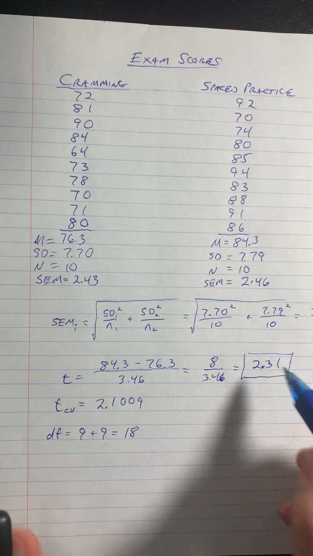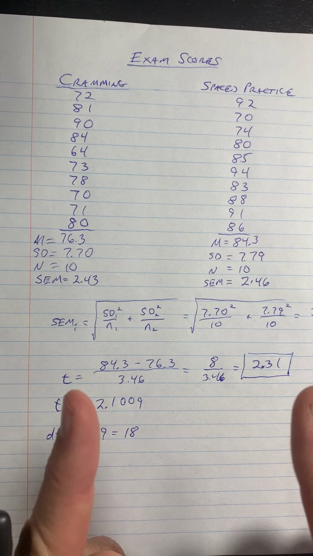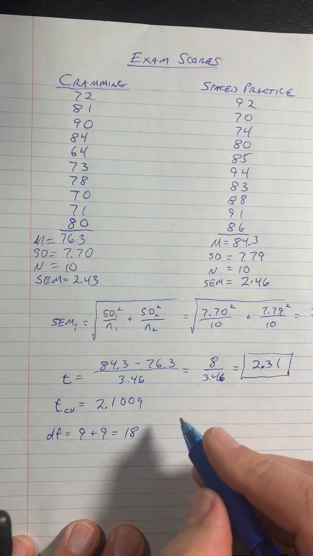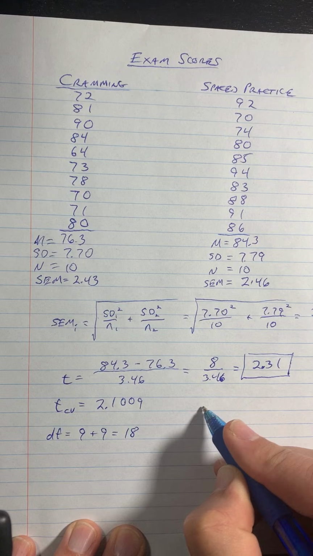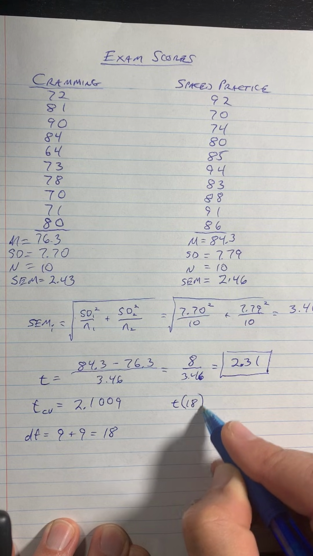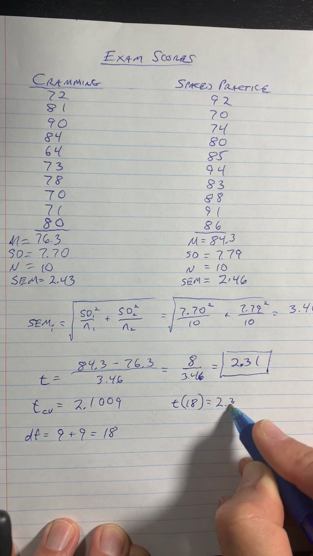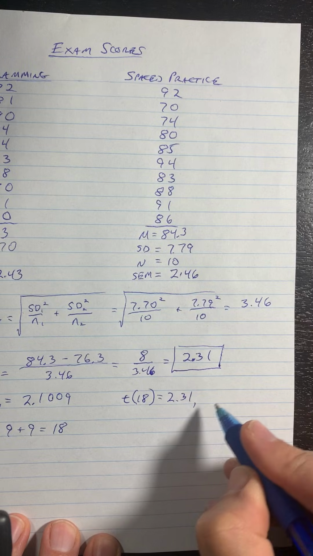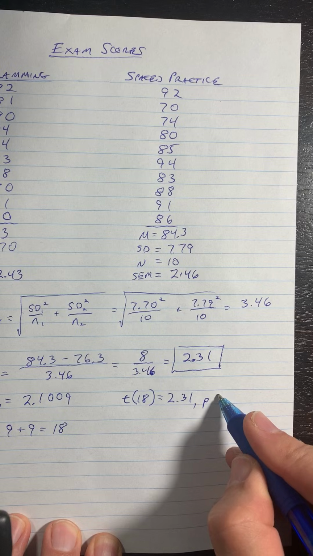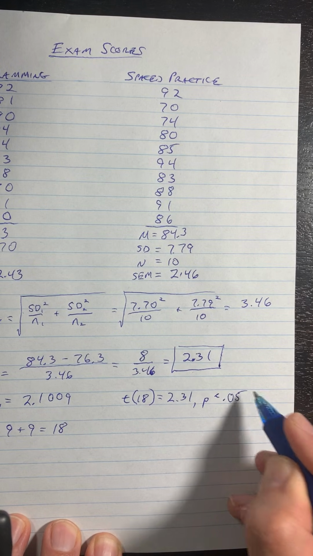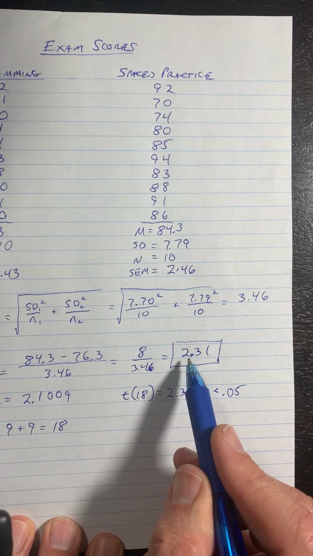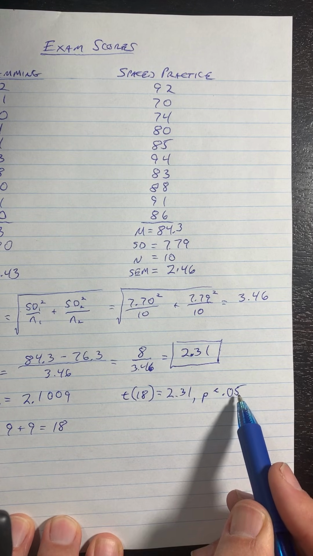And if our sample means are further apart than 2.1009, we say that this is significant. And so our t with 18 degrees of freedom equals 2.31. And the probability of getting a T this large by chance alone is less than 0.05, because this is the value at 0.05. This is further apart than that, so it's even more rare.